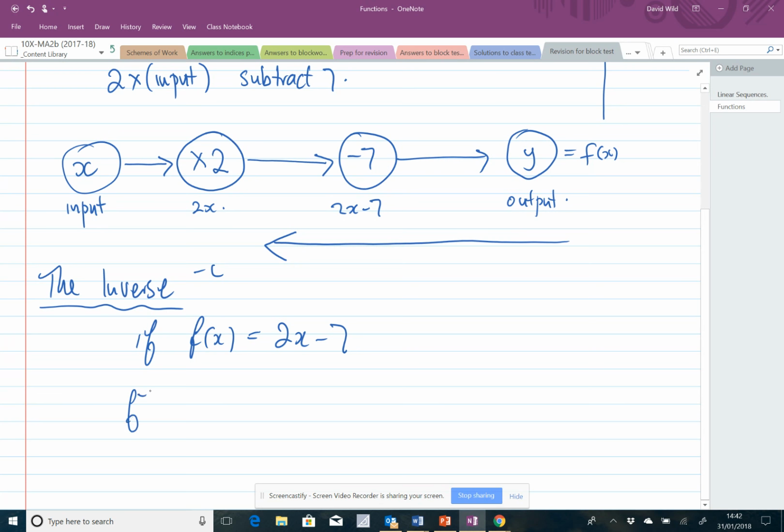Remember we denote the inverse of our function f to the minus 1. So we start off with our input, then we add 7, and after we've done that, we go to the next stage, and we do the opposite of multiply by 2, which of course is divide by 2. And we must divide everything by 2, so we do that.